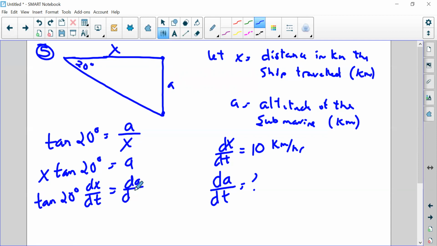So I'm relating the derivative I need to find with the derivative I know. So let's substitute in. Tangent of 20 degrees times 10, which is our dx/dt, is equal to dA/dt.